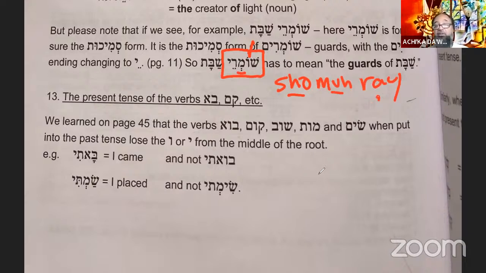So when you look at your vowels, you got to know which ones are long, which ones are short. So this one right here, from my remembering, is short. This one is short. This is short. Okay.